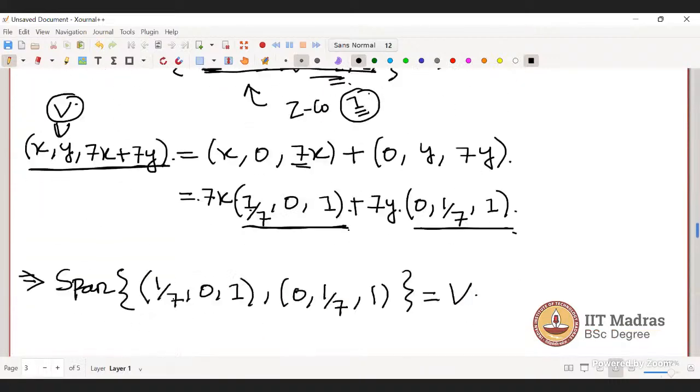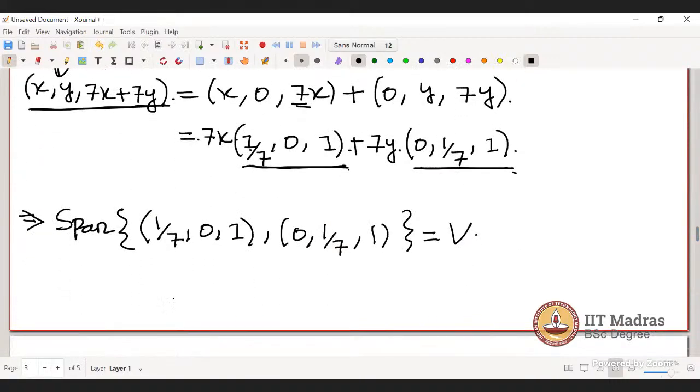So now can you get the value of P and Q from this set, because P is 7 and Q is basically 7. Yes, sir. Yeah.